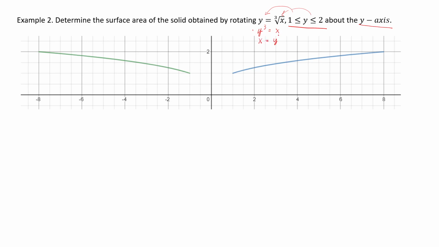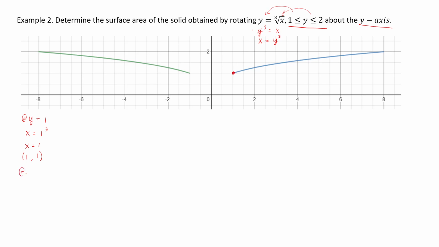So I think this one is in a better format for plugging in the values of y. So at y is equal to 1, obviously x is also 1. x equals 1 cube, so x is equal to 1. So you're going to have it as 1 and 1, which is this point here.